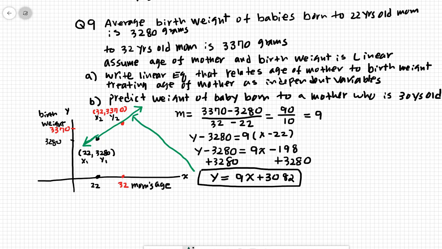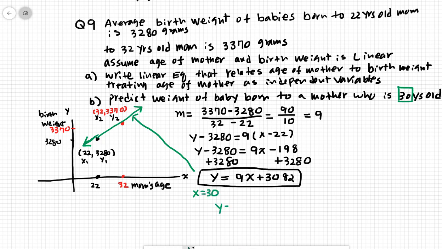What will be the weight of the baby if the mom is 30 years old? Remember, x is representing the mom's age here. So if we want to find out for x equals 30, we're just going to have to plug that in.